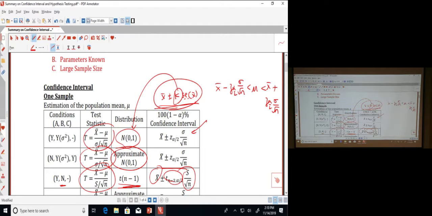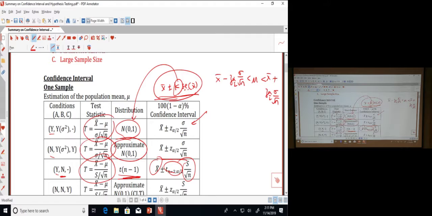All right? Then what's the next possibility that we should consider? Yes. So naturally, we'll think that the next one is non-normal population and no knowledge about sigma.